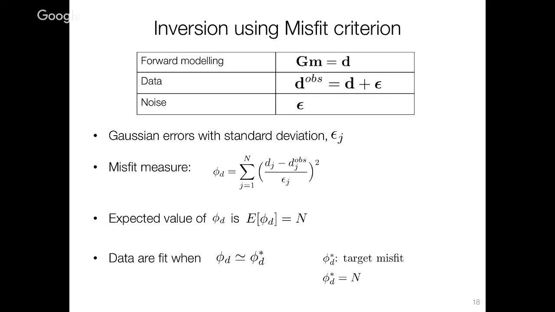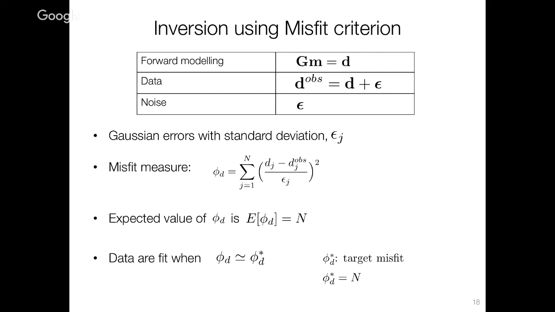We need to have some kind of a misfit criterion because we're going to fit the data. So as I was just saying here, our observations are the true model data plus some noise, epsilon, and we're going to represent that noise as Gaussian with standard deviation epsilon_j.